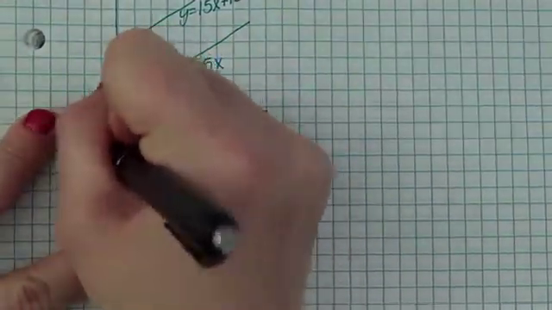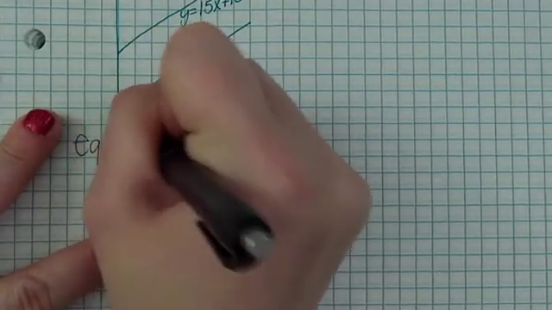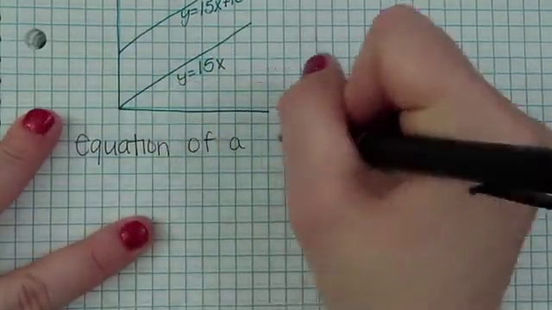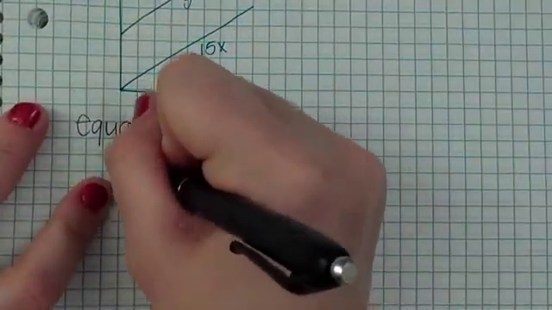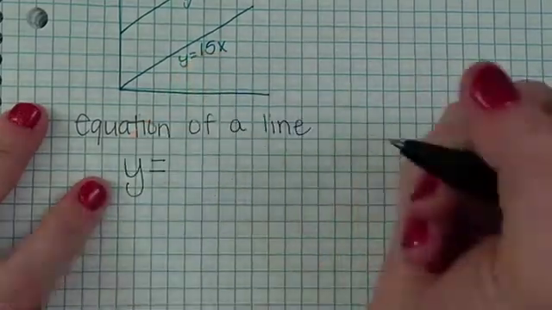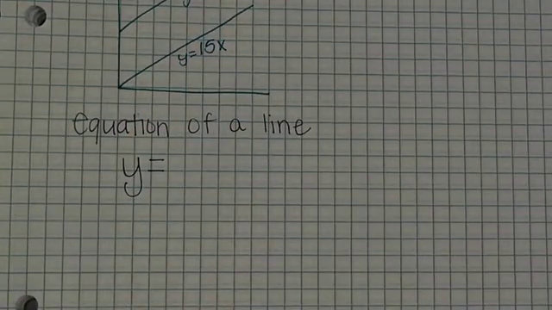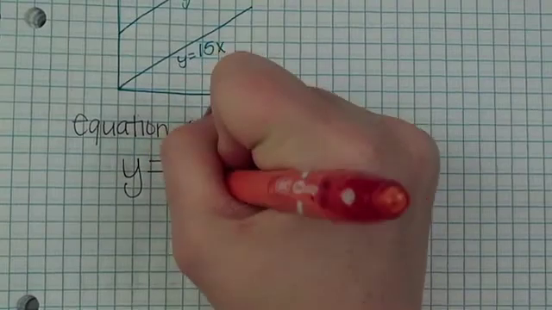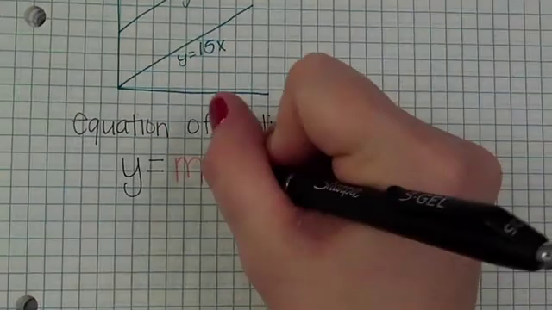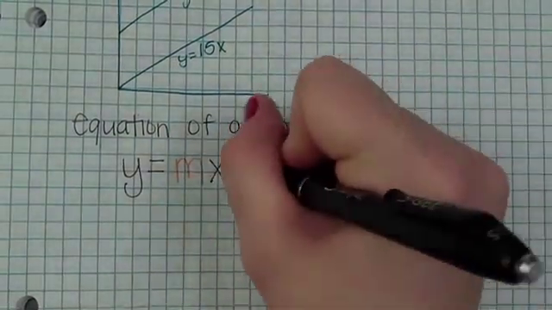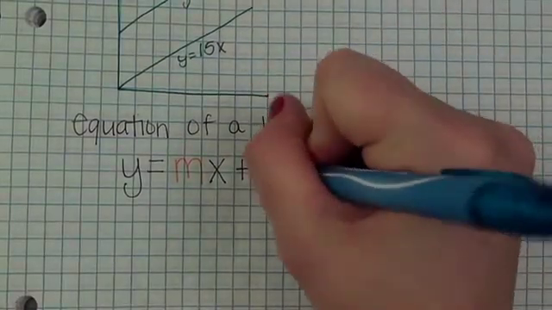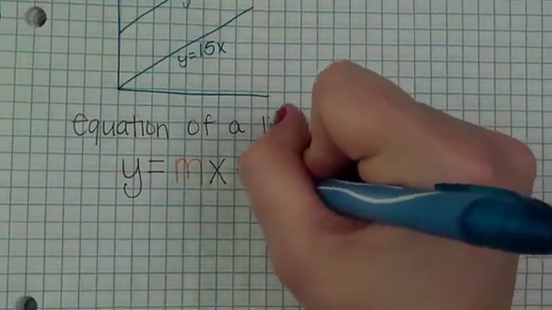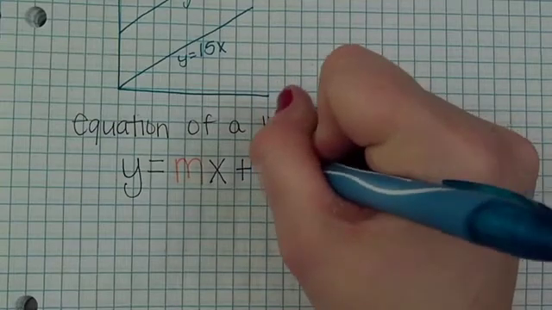So an equation of a line we write as y equals, and I'm going to use orange for m, x plus b. Hopefully you guys can see that b.